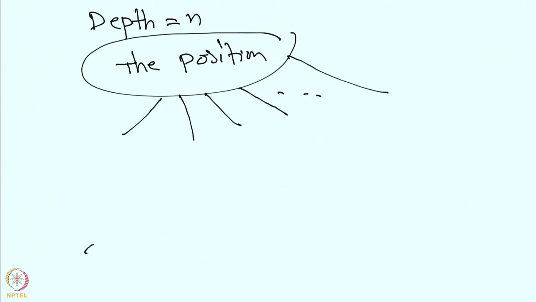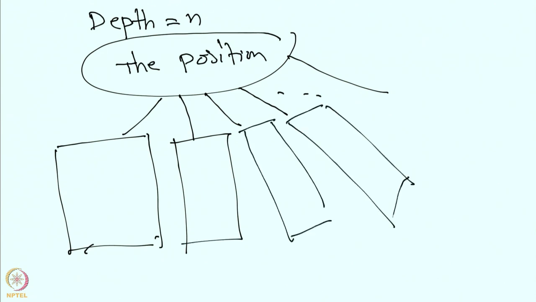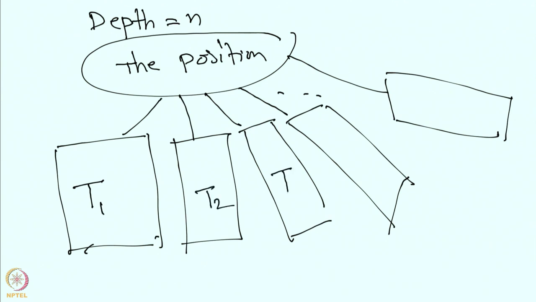How many there are, whatever it is, there will be something here, and again something here. Let me call these T1, T2, T3, T4, whatever, Tk, where k is the number of moves available from this position.